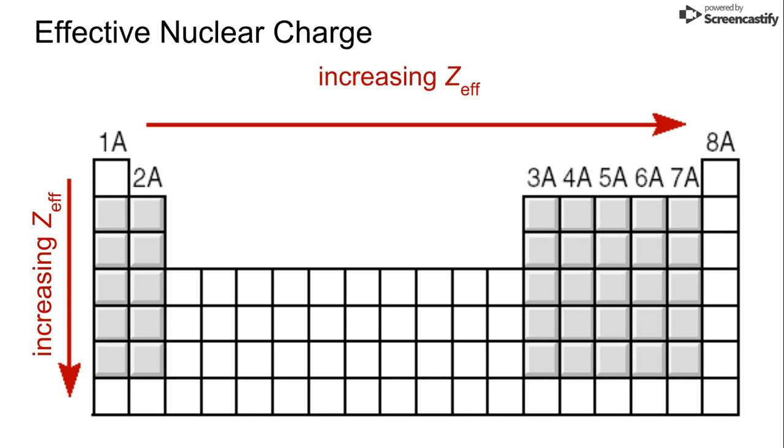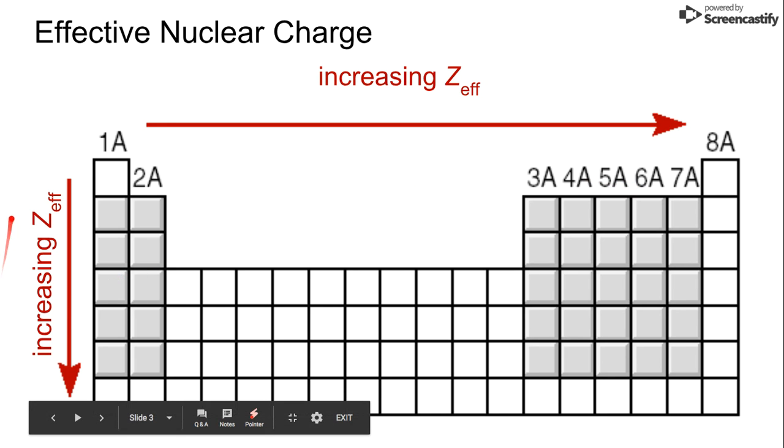So you're adding a nuclear charge because each time you move from one column to the next, we add a full proton. We're also adding an electron, but again, that electron is going in the outermost energy level, and therefore it doesn't shield. So the idea is that effective nuclear charge increases from left to right.